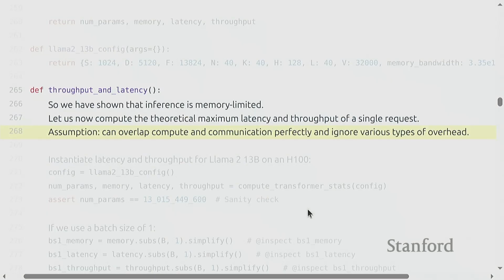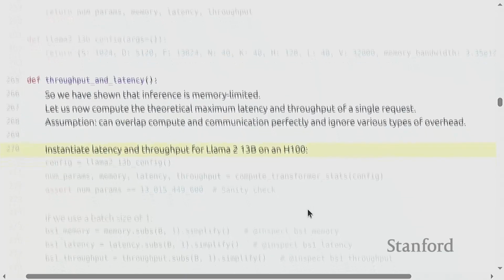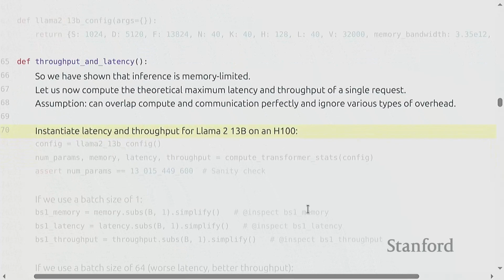All of this napkin math is a little bit stylized, but it gives you roughly the right kind of scaling and the right way to think about things. We're going to assume that communication and compute can be perfectly overlapped, which is obviously false, but it's good enough for making these qualitative estimates.